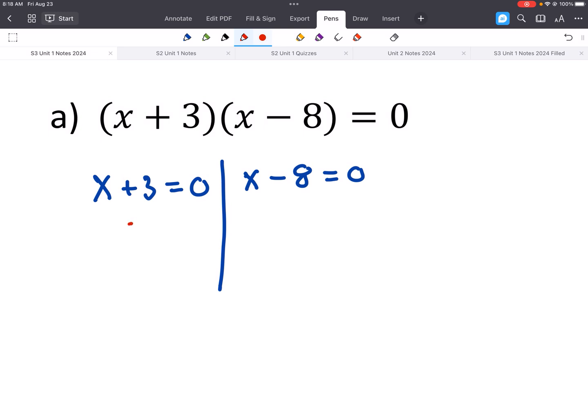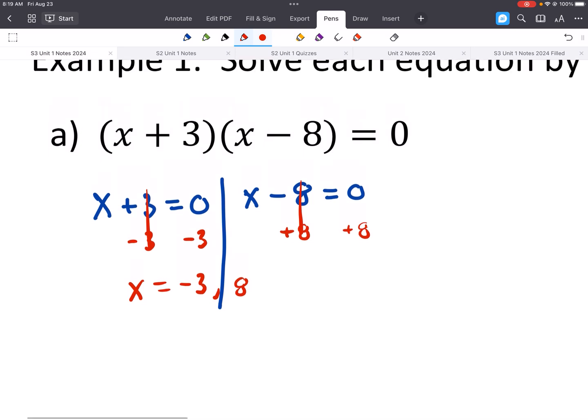So this one's really not too bad. You probably could find the solutions without solving. Okay, so we'd end up getting x equals -3, comma 8. All right.